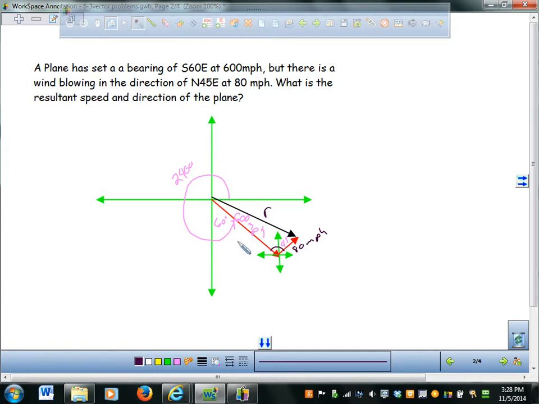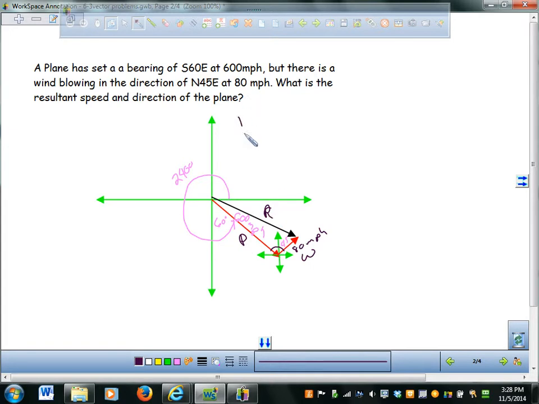Okay, so we'll call this the plane speed, and we'll call this the wind speed, and we'll just call this the r speed, the resultant vector. So the plane speed, wind speed, r speed.